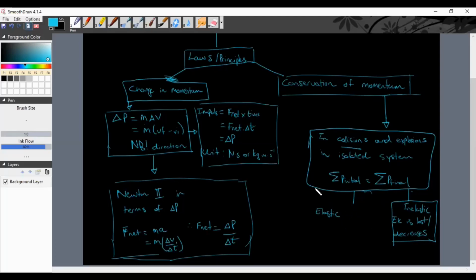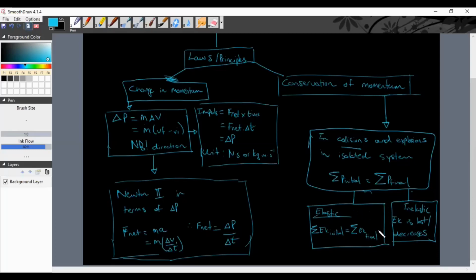But when it comes to elastic collisions, we know that the sum of the kinetic energy initially must equal the sum of the kinetic energy after or final.